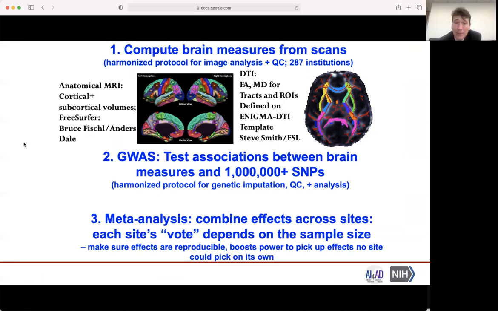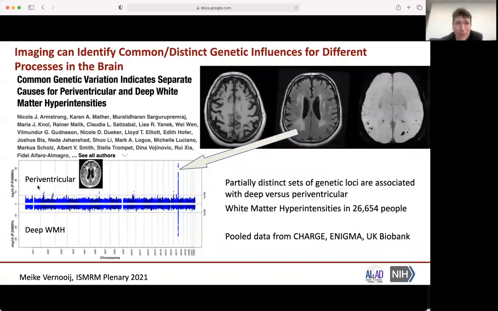They'll run a genome-wide association to identify significant associations between the brain measures and the genetic variants or the SNPs. And then in a meta-analysis, you can combine all the evidence across the sites and each site's vote can be made to depend on the sample size it has, so that it makes sure effects are reproducible and also boosts the power to pick up effects that the single sites could not identify on their own.